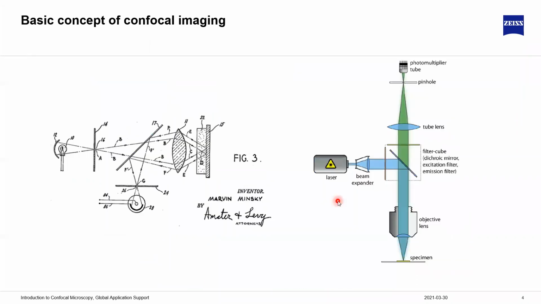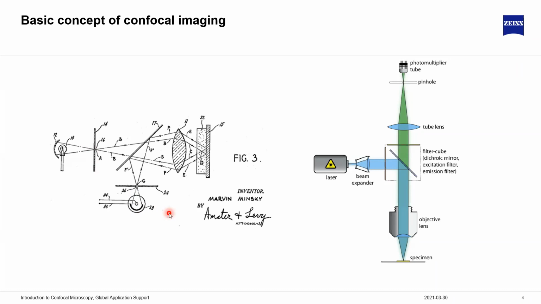A little bit of history. The principle of confocal imaging was patented by Marvin Minsky in the 50s, and basically his proposal was to use a light source, and then to put a sort of a pinhole in front of the light source, and then to put also a pinhole in front of the detector.